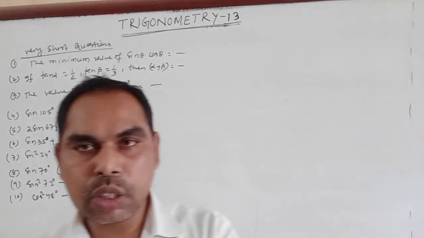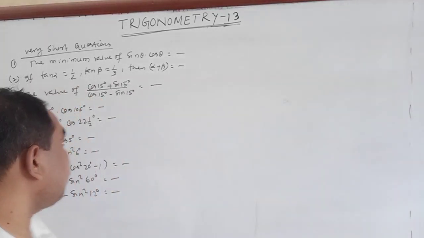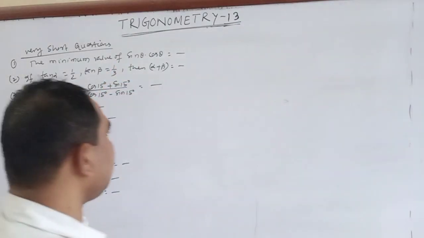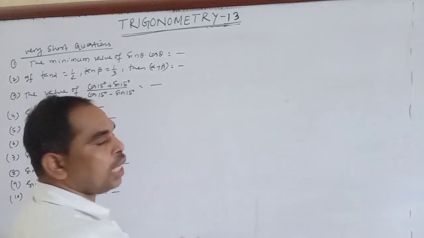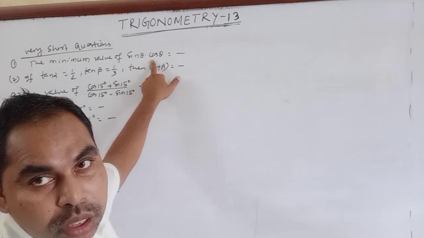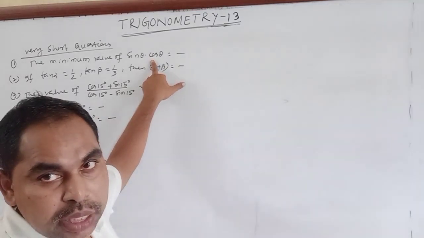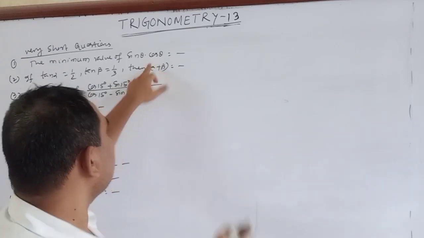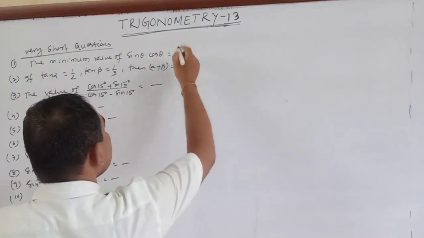These are very short questions. Question 1: the minimum value of sin theta into cos theta is dash. So first, this is the product of two functions, sin and cos. So first express the product of two functions as a single function.